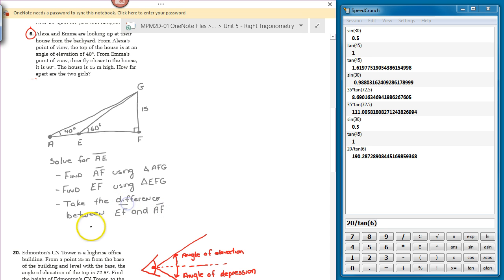And mathematically we can show that by saying, let's call this length in there x. We'll say x is equal to AF, which we know will be longer, minus EF.